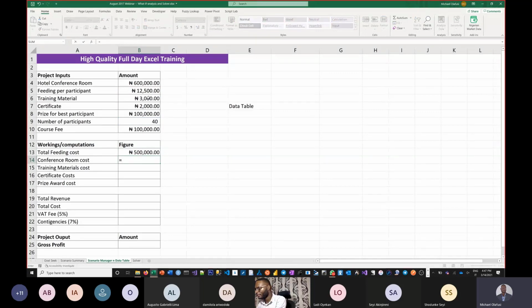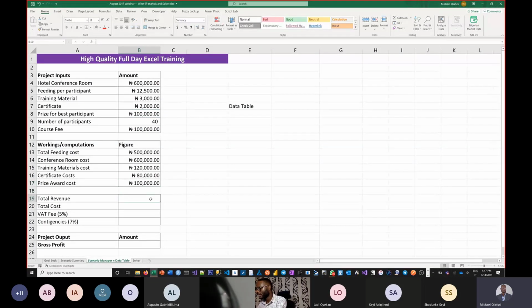Again, another input is the conference room, which is a fixed expense. Training materials similar, how many people we get times how much for one person, right? Certificate cost is similar, how many people we get times how much for one person. Prize award, only one person wins it, so I can just pick that award amount.